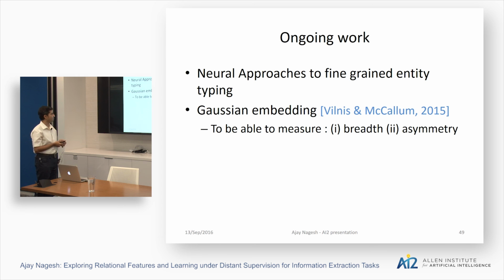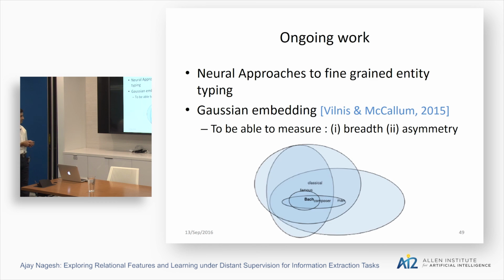Another work from our lab which is quite interesting, and which we want to apply to this task, is to learn, instead of single points in vector space, a density, like can we map to a Gaussian. The reason for doing this is twofold.